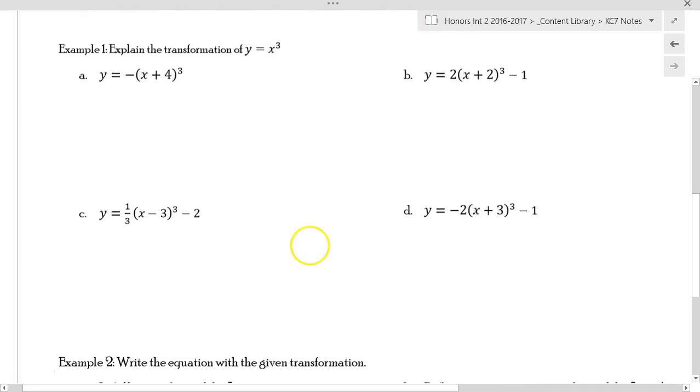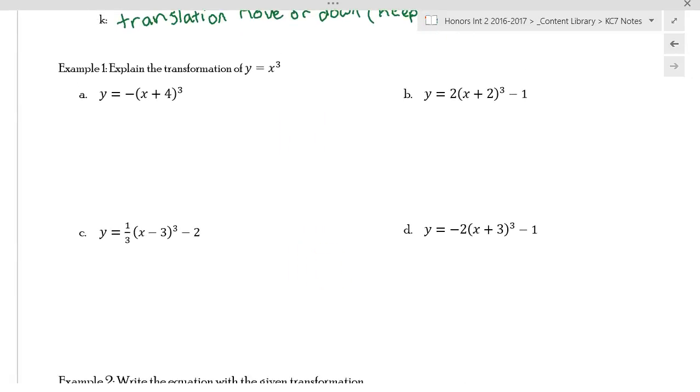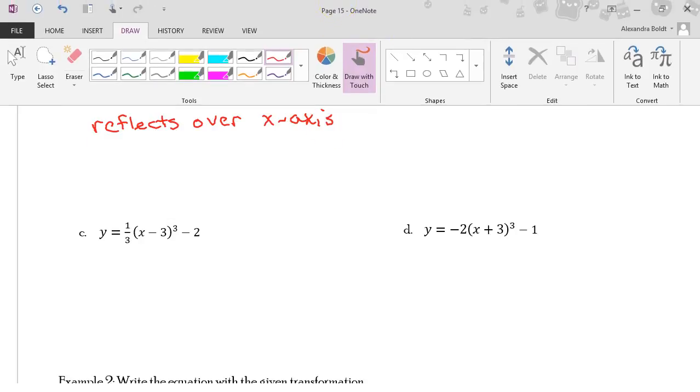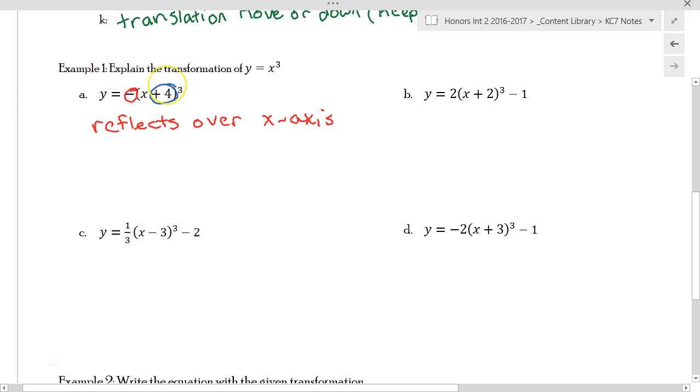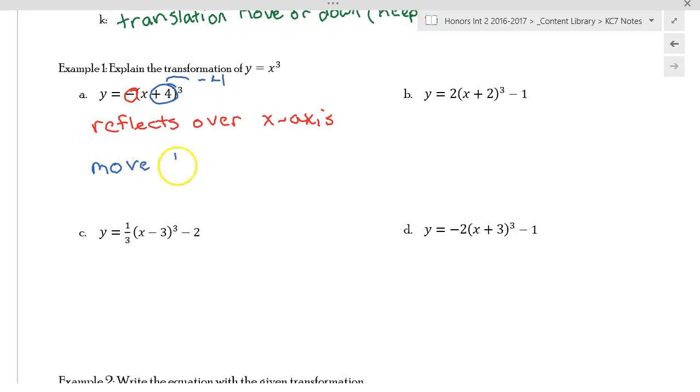Okay, so example 1 says, explain the transformation of y equals x cubed. So we started at x cubed and we've gone to each of these things. For here, the first thing that I see is that negative, so it reflects over the x-axis. And then here, h is inside your parentheses, so that's going to switch signs, negative 4. Instead of saying a translation, I'm going to say it moves. Since it's negative, it's going to move left, right, 4.